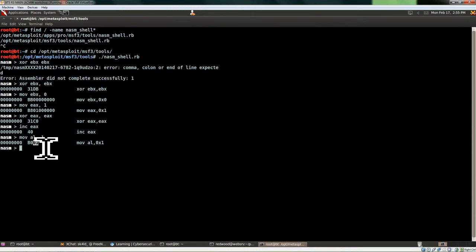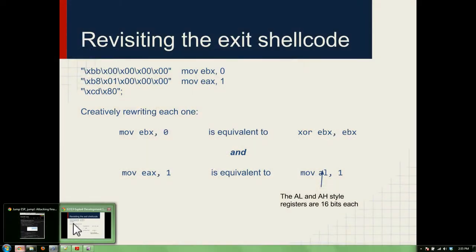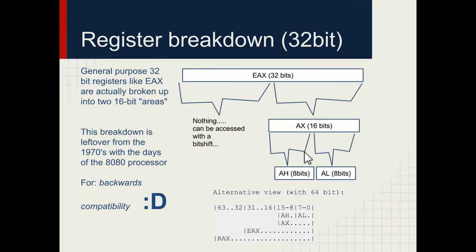However, this would be the first byte, and this would be the second byte, and that's the way things are aligned, period. So the way we rewrite these is instead of moving 0 into EBX, we XOR EBX, EBX, and then instead of moving 1 into it, we can move 1 into the AL register.